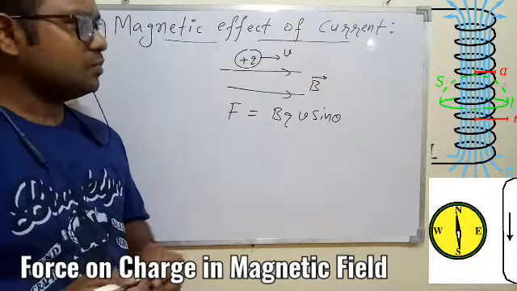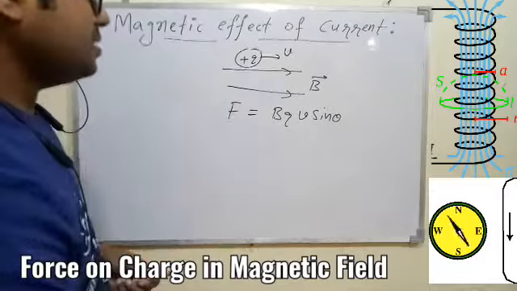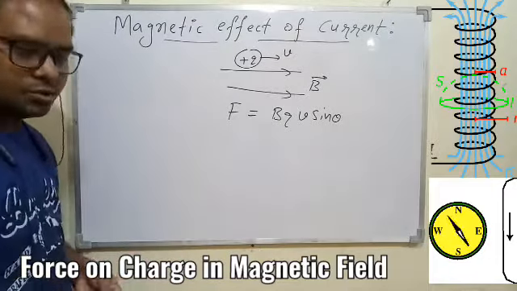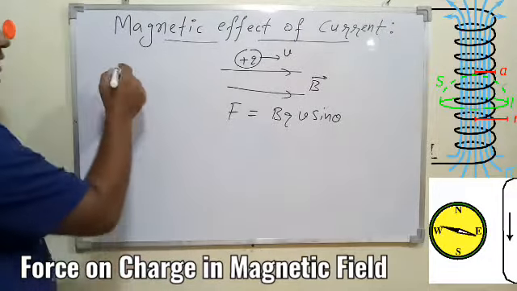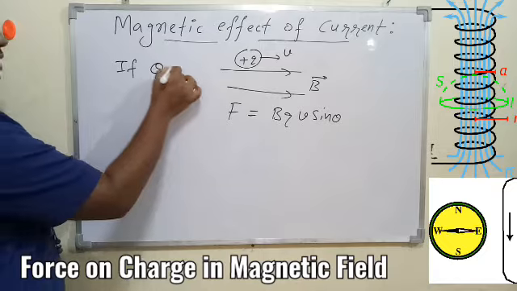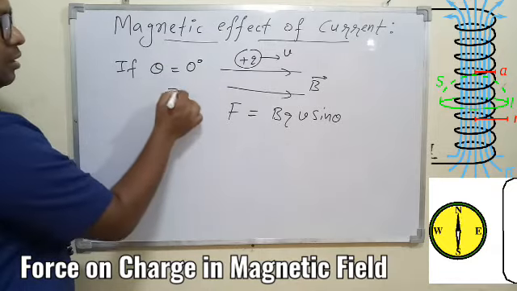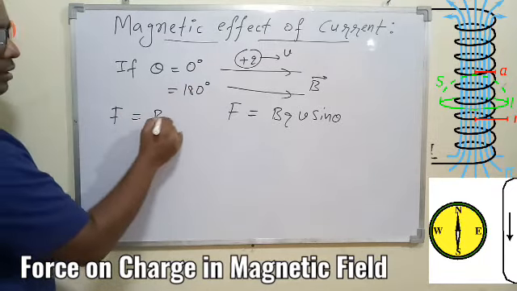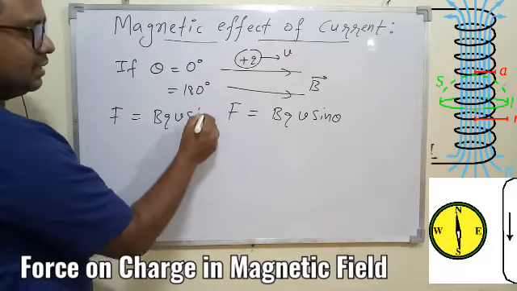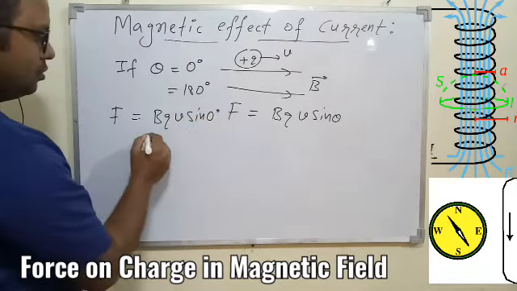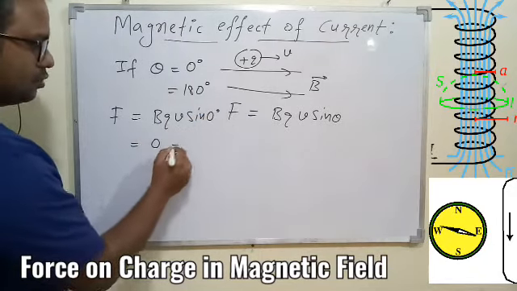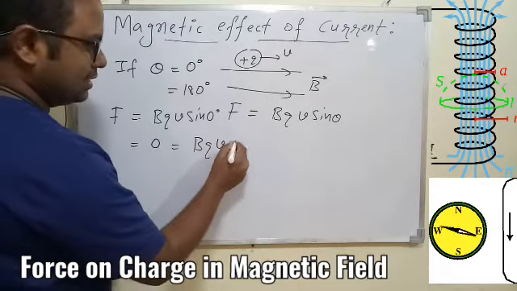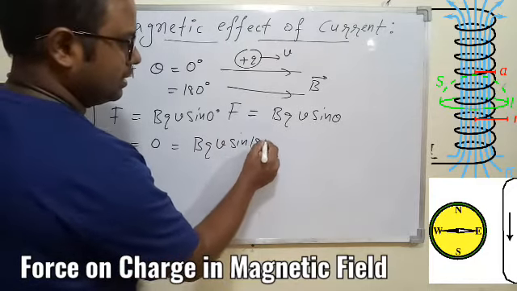So in the previous class we understood that a charge will experience a force. But we also understood that if theta is 0 degrees or 180 degrees, then the force will be BQV sin 0 degrees, which is equal to 0, equal to BQV sin 180 degrees.